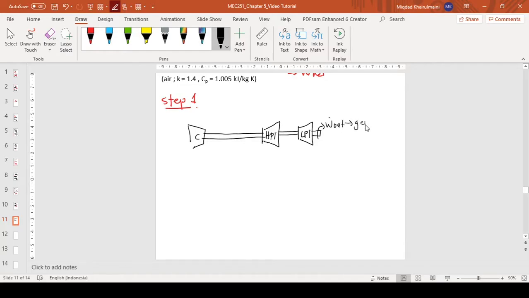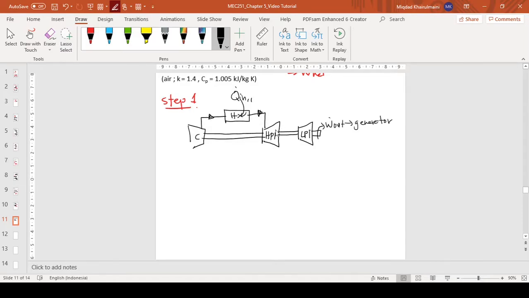generator. Alright, so the exit of the compressor is connected to the heat exchanger for the heat addition process. Here it will be the primary heating. Then it enters the high pressure turbine for the first expansion process.